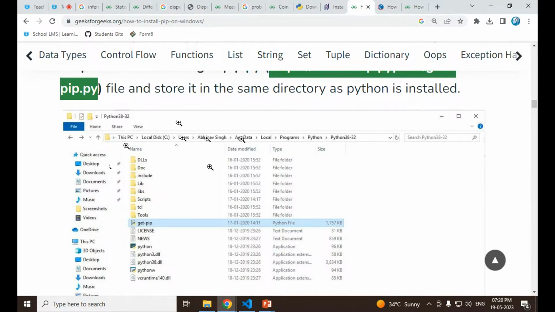Inside that, AppData, inside that Local, then Programs. In Programs, we have Python. Do you have Python?